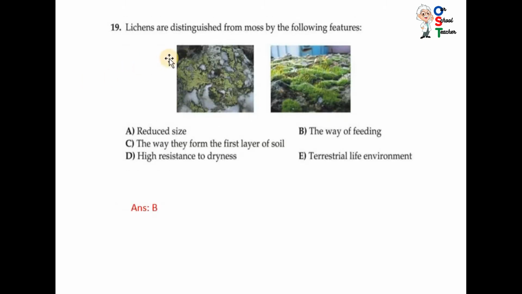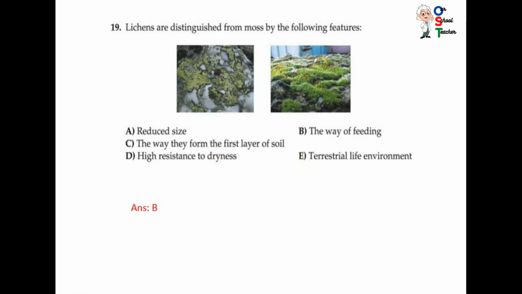Now question number 19. Lichens are distinguished from moss by the following features. I have given what lichens are. It's a combination of algae and fungi. They are dependent on each other. The options are: reduced size, the way of feeding, the way they form the first layer of soil, high resistance to dryness, terrestrial life environment.